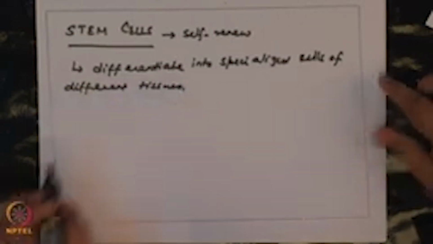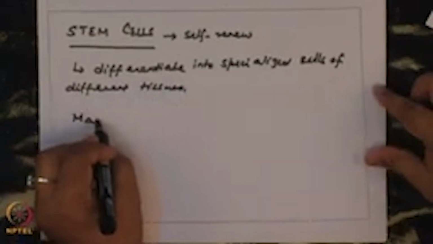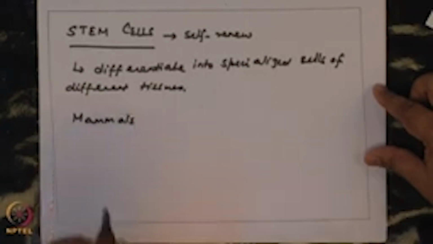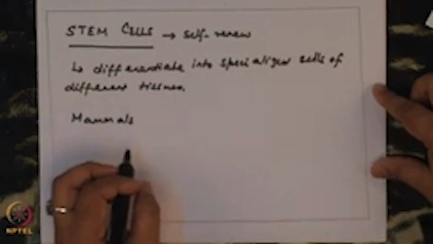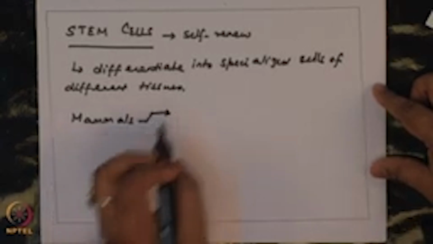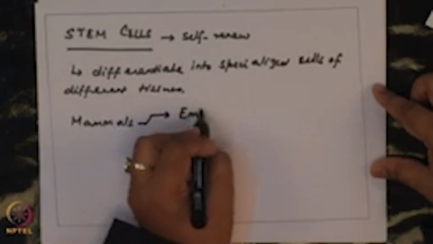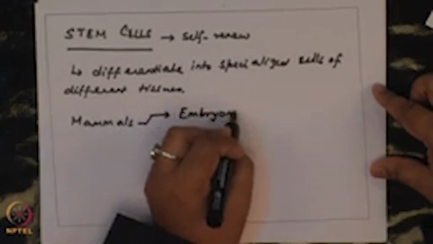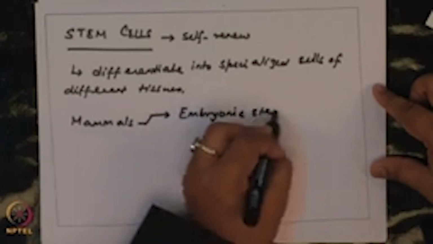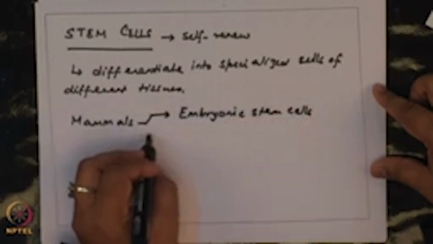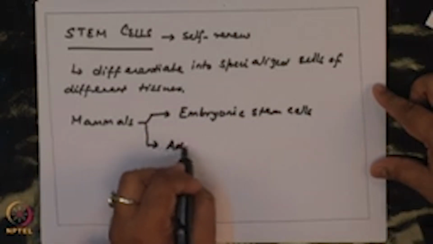In case of mammals, you broadly have two types of stem cells, embryonic stem cells and adult stem cells.